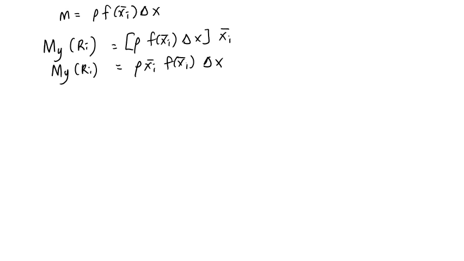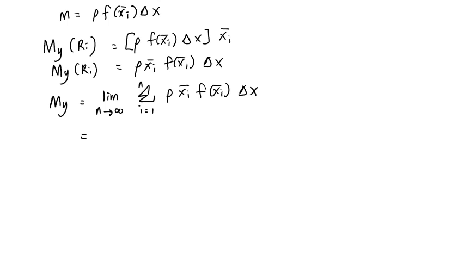So when we want to find the moment for the whole region, you add these moments and obtain the polygonal approximation to R by taking the limit as n approaches infinity. So My for the whole region R would be the limit as n approaches infinity of adding all the moments of Ri together, from R1, R2, R3, and so on until Rn. So the sum from i equals 1 to n of rho xi bar f(xi bar) delta x, and convert this into integral form.